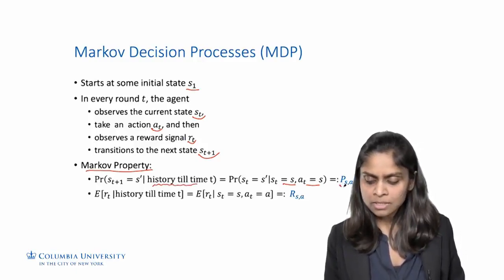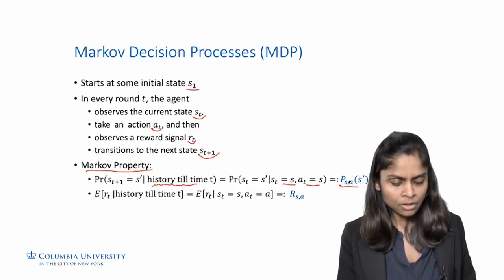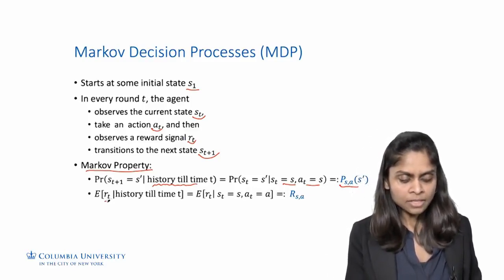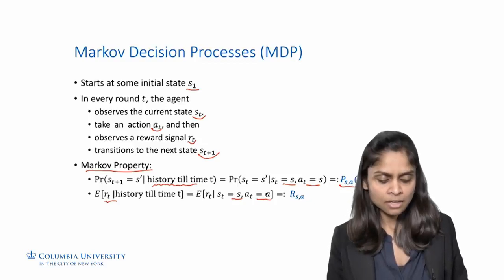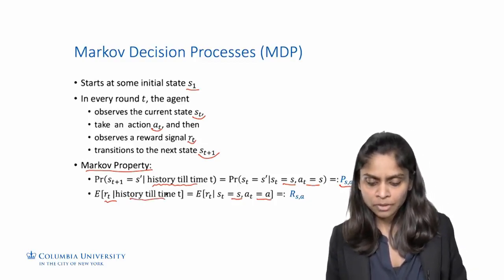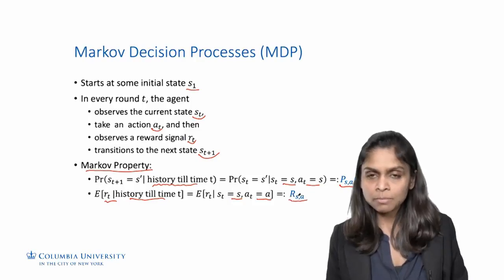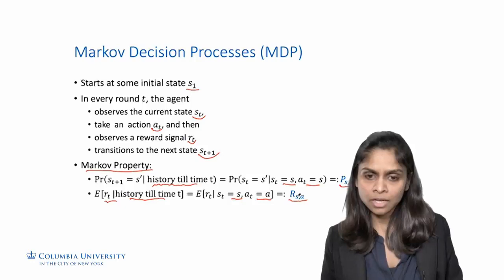These probabilities are specified by a matrix P. Secondly, the expected reward at any time again depends only on the current state and the action taken in that state, and none of the other aspects of the history till time t. These rewards are specified by a matrix R, which gives the reward for every combination of state and action.